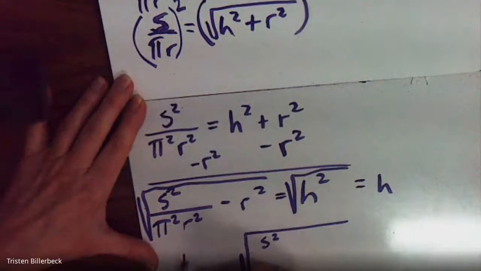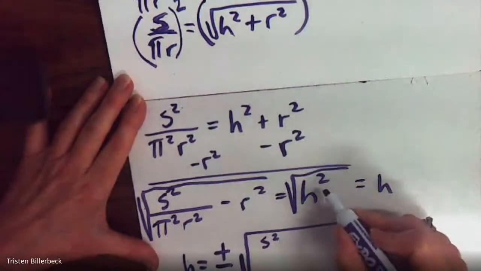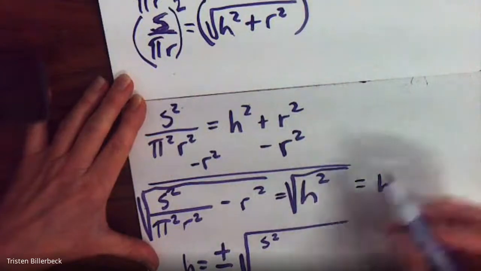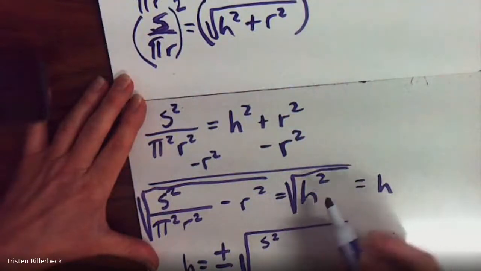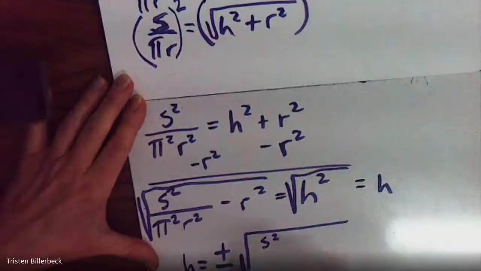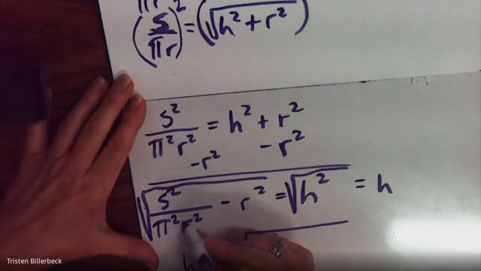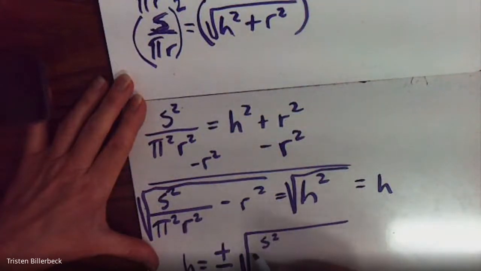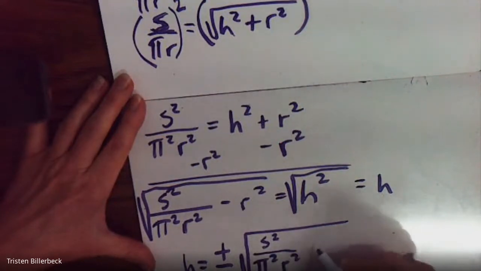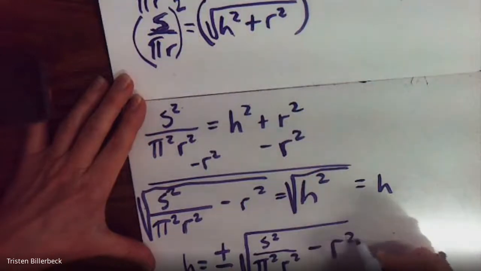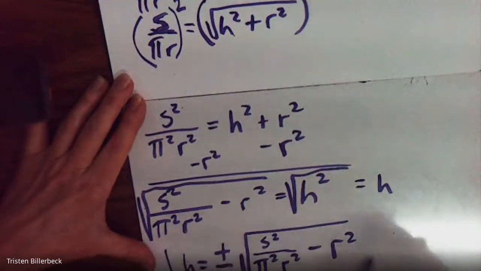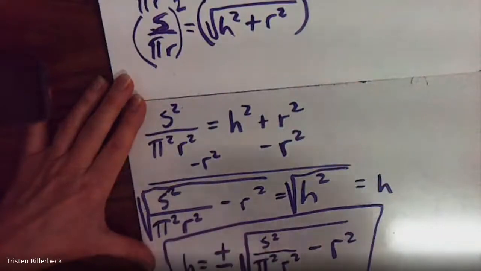You have to have h equals plus or minus right there, because h could have been a negative number times a negative number, but it was squared. But now we freed it, so that means we have a plus or minus sign just to add a little more difficulty, as if this wasn't enough. So there you go. That's how you change the subject.